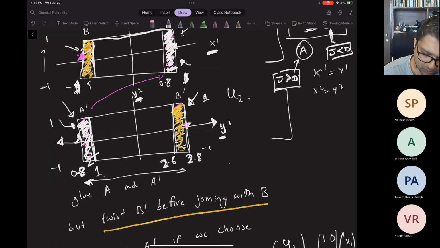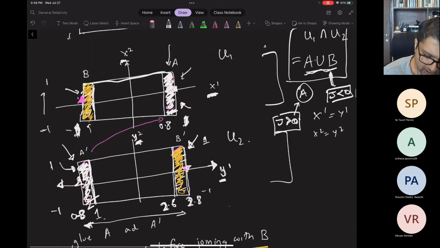So that now when I'm gluing them together, let's say the y1 coordinate is equal to the x1, sorry, y1 is equal to, so I want this region to map to this region, but sort of going this way.